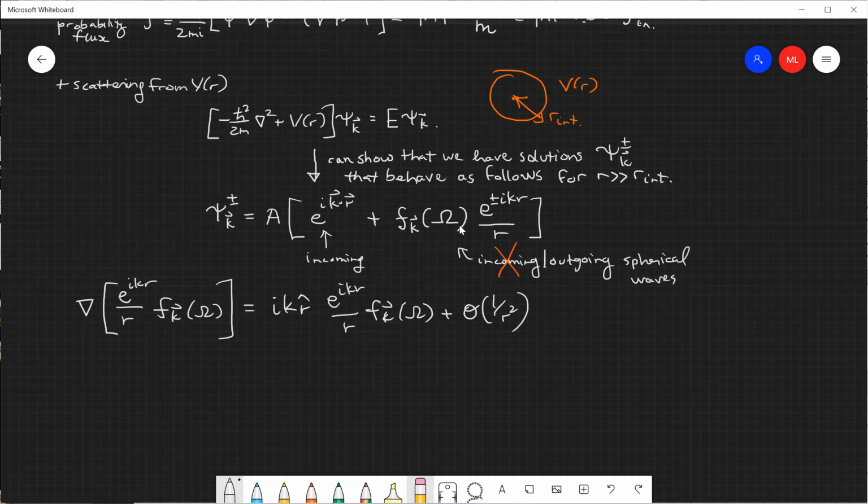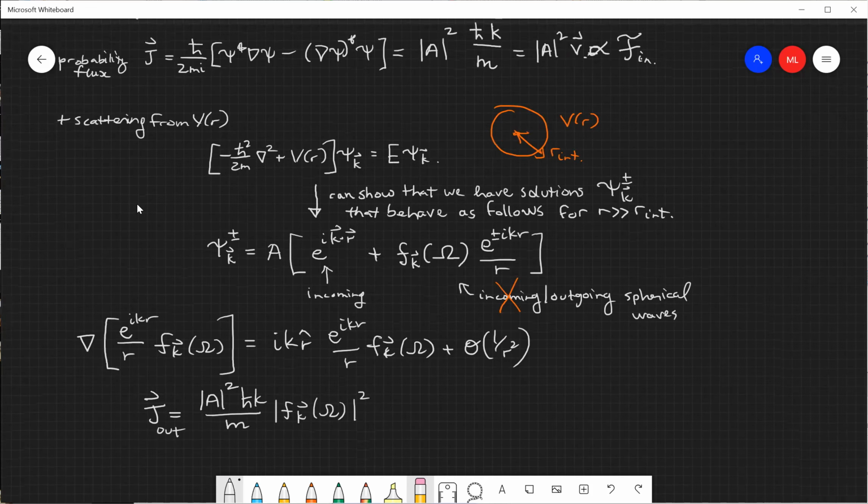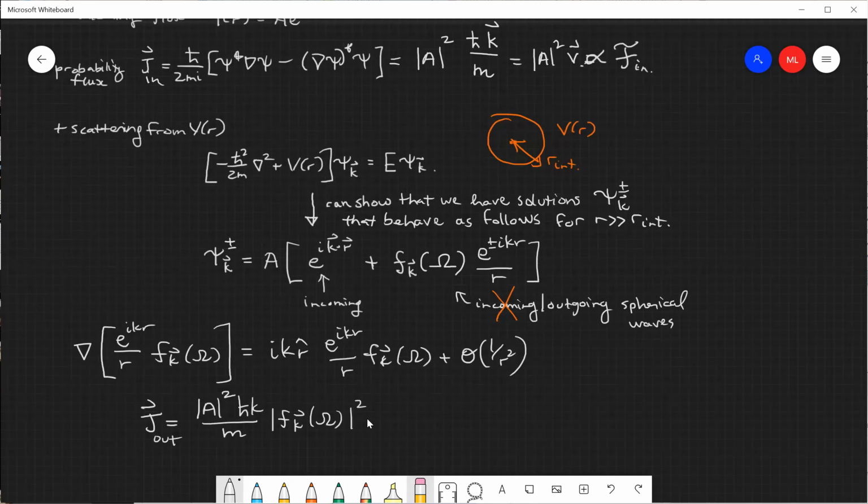And so in general, the flux associated with this portion is just going to be the amplitude squared, h bar k over m, and then the magnitude of this. This is the outgoing flux, and again, this is the incoming flux.